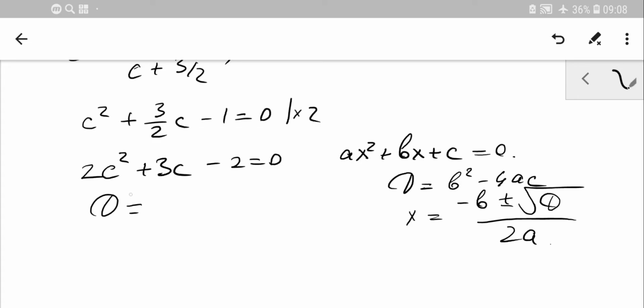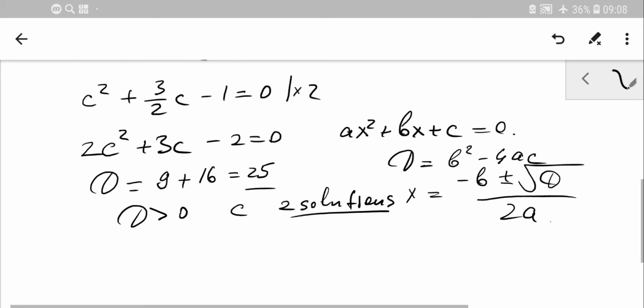In this case, we have 9 plus 16, which is 25, so a good number. It's positive, so 2 solutions for C.